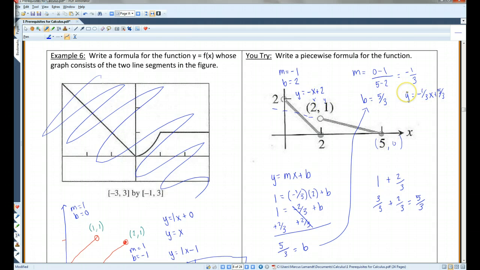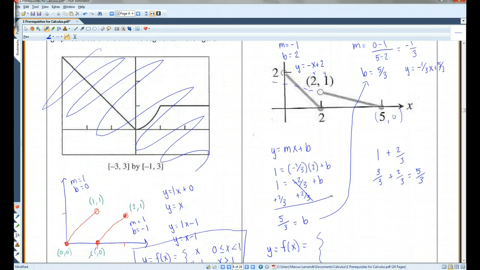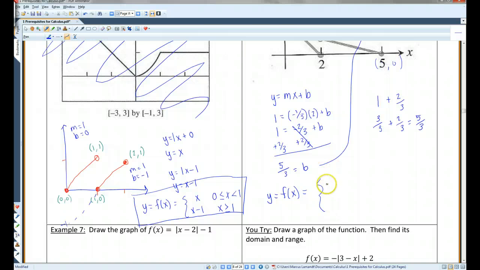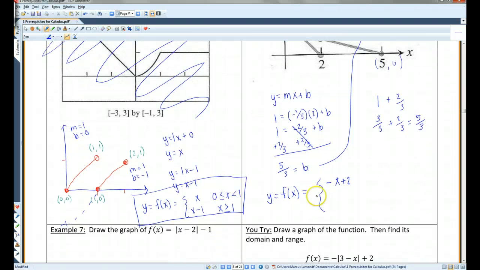So these are my two equations. So the final product, y equals f of x, which is, what was my first equation? -x plus 2. And that is one in between 0 and 2, including 2.